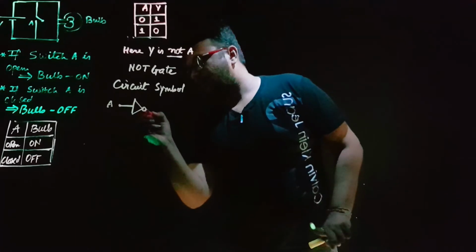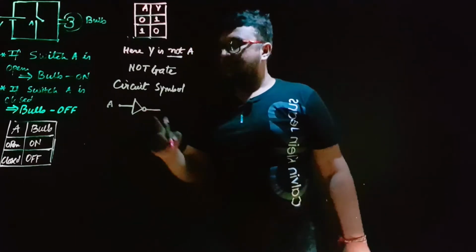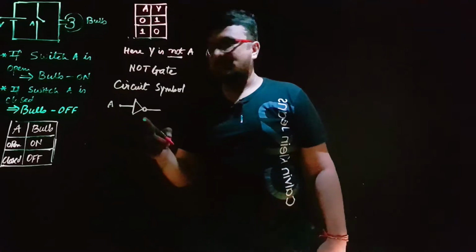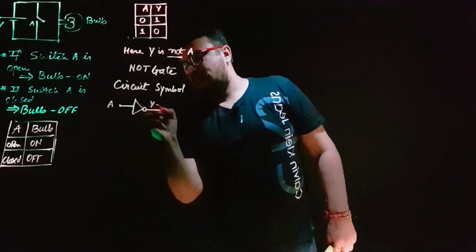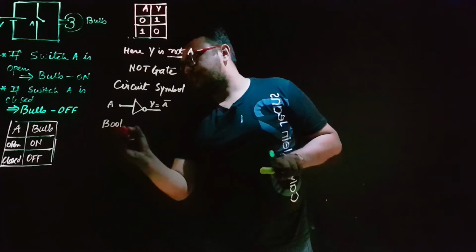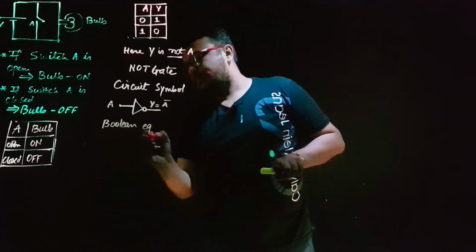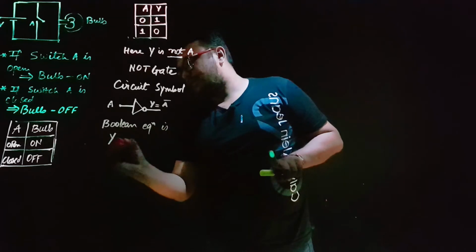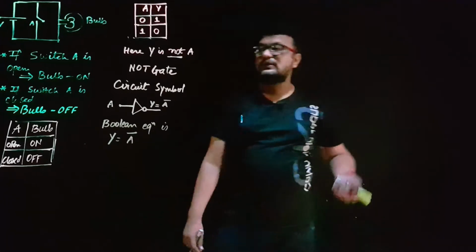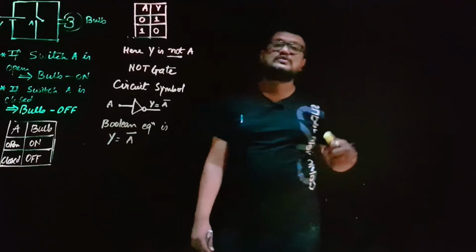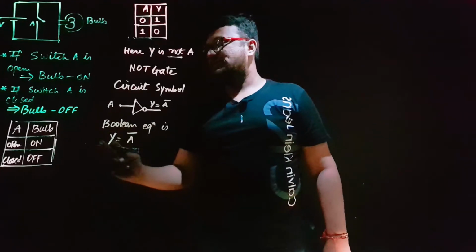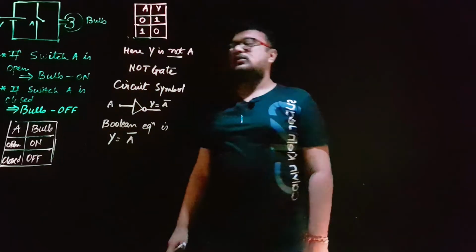And here we have a bubble and here the output. Remember, this bubble is an important quantity because it represents the NOT condition. So here Y is equal to A bar. The Boolean equation is Y is equal to not A, meaning A bar. Bar represents inverse, that is if 0 is there you will write 1, and if it is 1 then you should write 0. So this is the circuit symbol, this is the Boolean equation, right? And this is the truth table for the NOT gate.